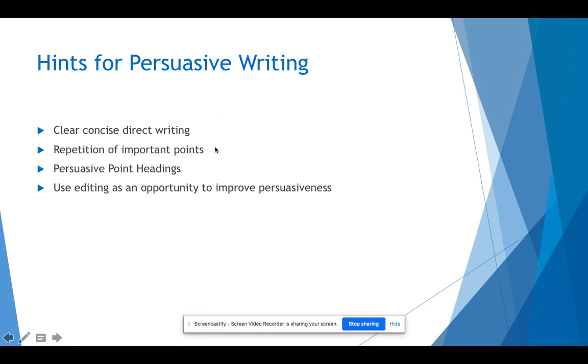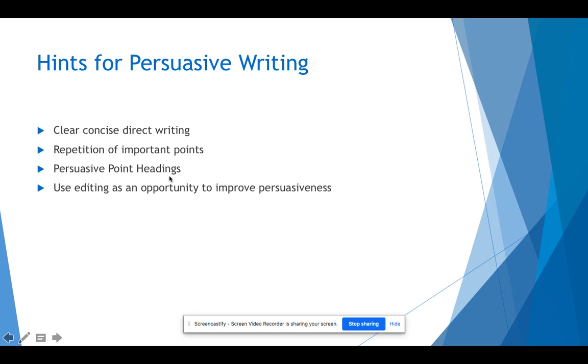There are all sorts of studies showing that if you say something once, people don't believe it, but the more you say it over and over again, the more people find it credible. No, I heard this here, I heard this there. Our politicians use these tactics a lot. When you have your point headings, remember our headings in front, you can make them persuasive. The court erred when deciding blah, blah, blah.